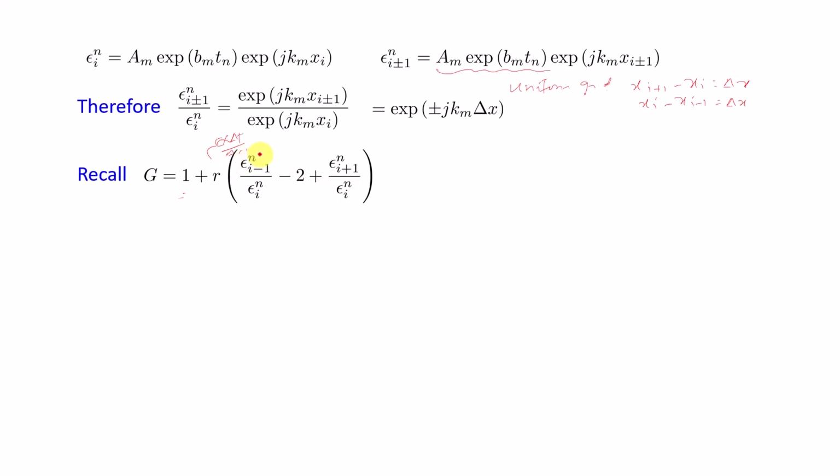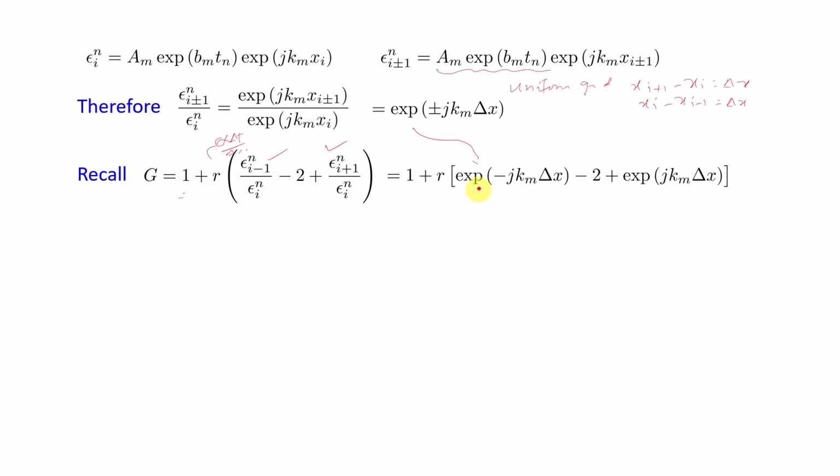Now I already have the expression for these terms. I'll simply plug them in. So let us do so. It gives us the first term, epsilon_{i-1} by epsilon_i. It is coming from here. It will give us minus jk delta x. And the second term, this i plus 1 by i, it will give us plus jk delta x.